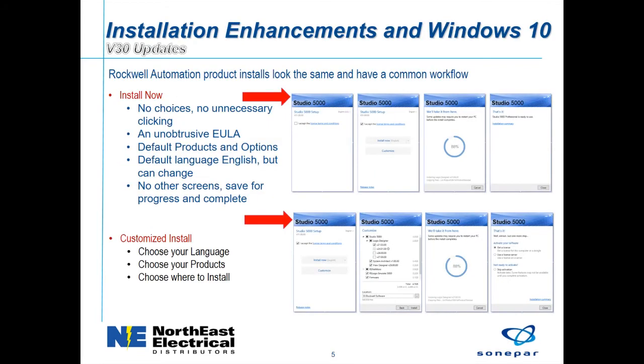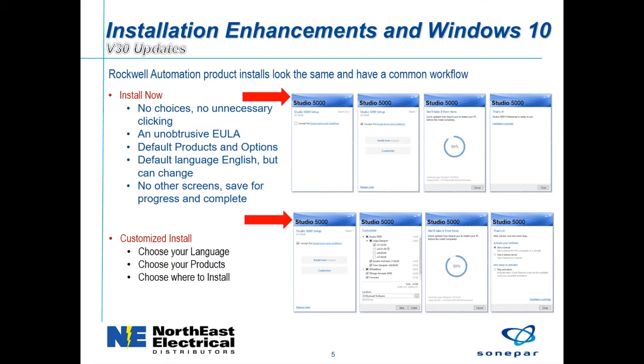So Studio 5000 version 30 has installation enhancements. The install now does not have any choices or unnecessary clicking in order to install the software. The end user license agreement is one check for all of the licenses.